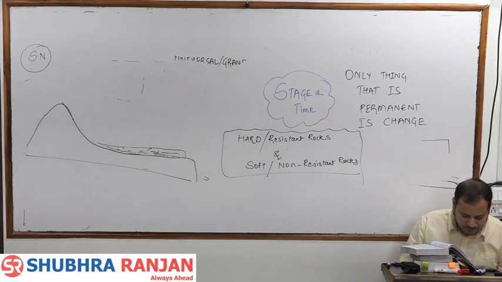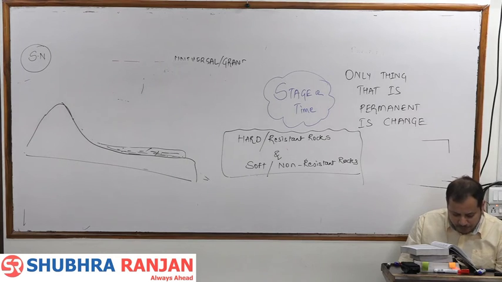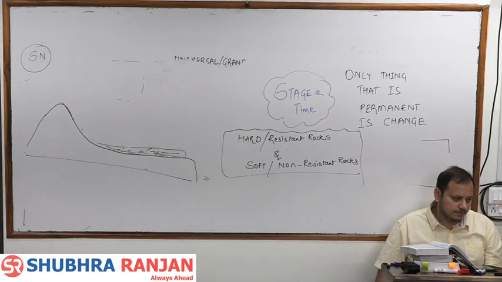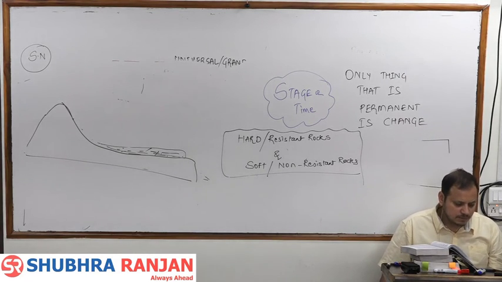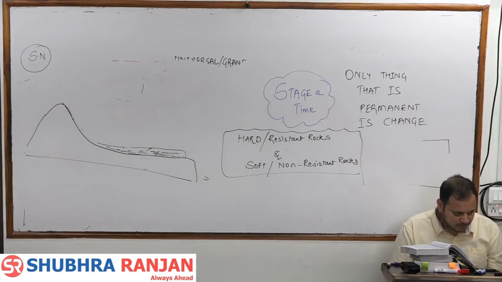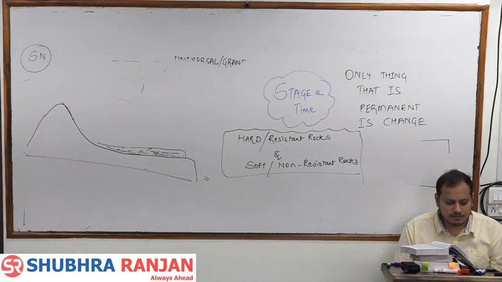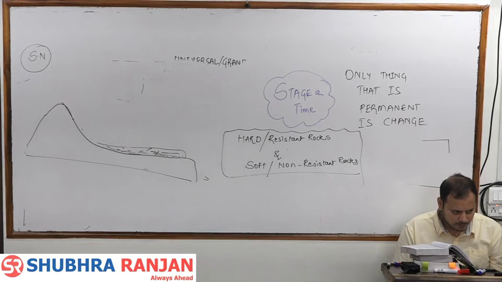For example, limestone or calcium rich rocks is a hard rock in dry climatic conditions, while it is a very weak rock in hot and humid climatic conditions. Understood this? Very simple.